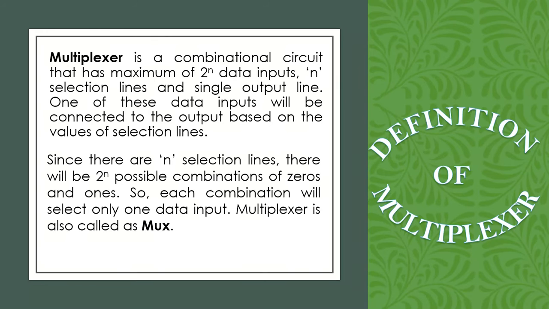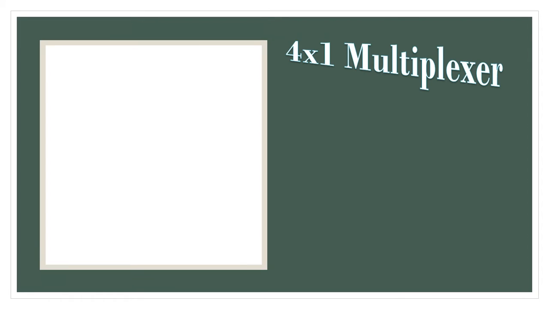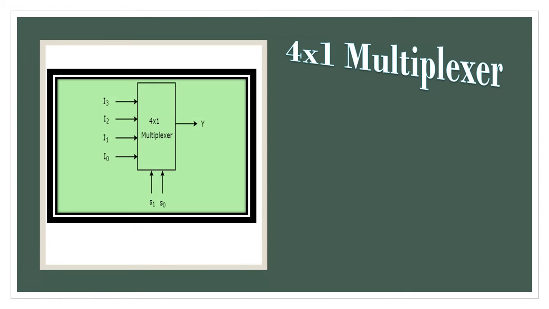Since there are n selection lines, there will be 2 to the power n possible combinations, of zeros and ones, and each combination will select only one data input. That is very important, one data input from many. So a multiplexer is also called MUX.